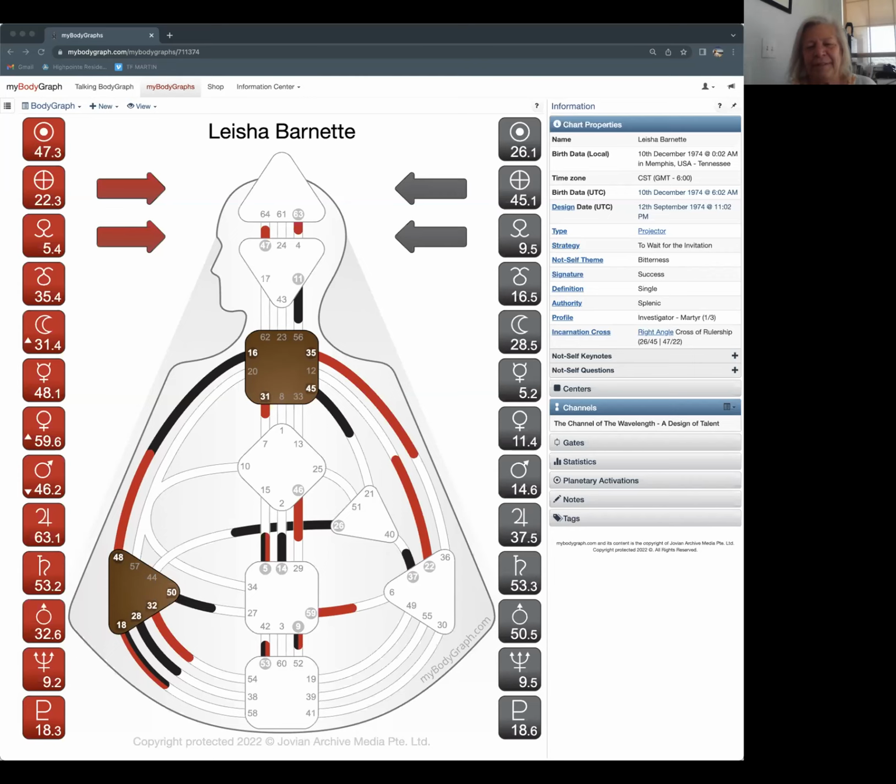Totally. Okay. So let's look at the undefined head. This is, again, 70% of the population. Of course, if it's white, it's undefined. There's also a completely open head, which would mean there'd be no gates whatsoever on that. I'll cover basically any centers with no gates. I don't have any of those.